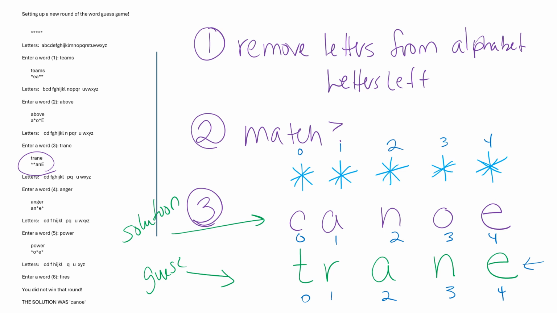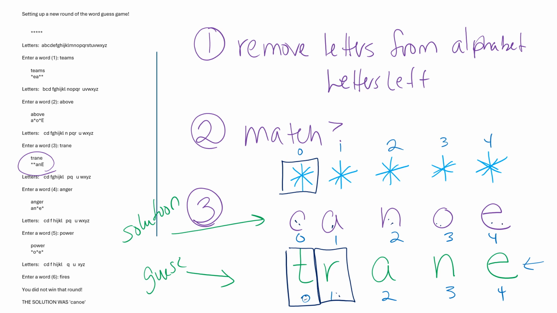So you go through and you start with this one right here. And you compare 0 to 0, 0 to 1, 0 to 2, 0 to 3, 0 to 4. You don't find a match. This stays an asterisk. You move on to number 1. 1, 0, 1, 1, 1, 2, 1, 3, 1, 4.